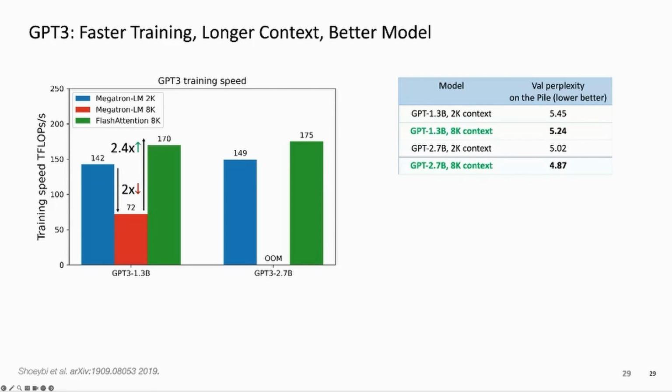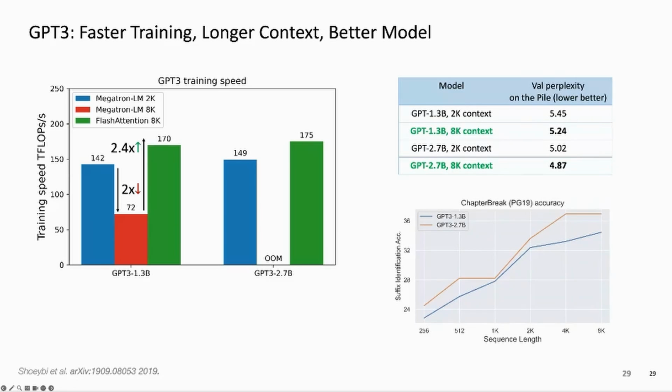And we see that by training models with longer context, we get better models. In terms of upstream quality, like validation perplexity, we get better numbers. And in terms of downstream, here's an example of a task called chapter break, where given the end of a chapter, can you predict the next chapter of the book? We see that as we increase the sequence length, the model generally does better at this task.